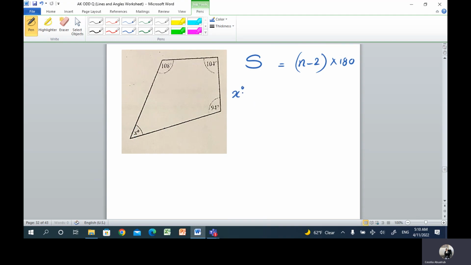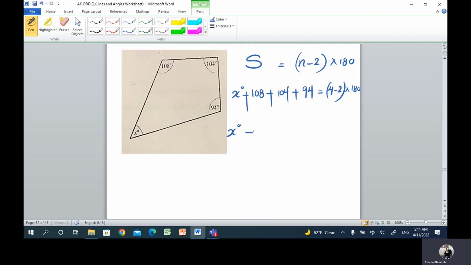So we have the X plus 108 plus 104 plus 94 is equal to number of sides 1, 2, 3, 4, and it should match the number of angles that you added, 1, 2, 3, 4 angles. So it's 4 minus 2 times 180 degrees.